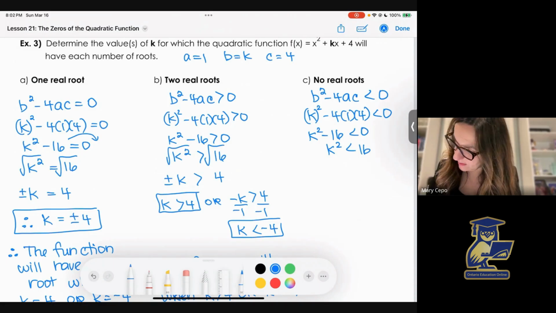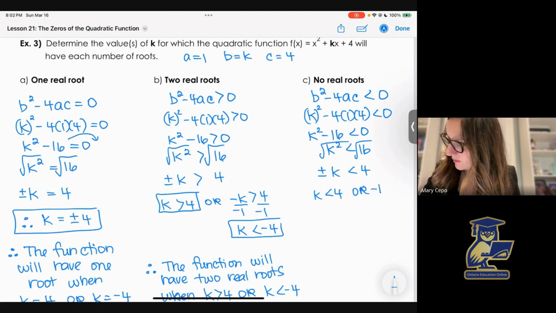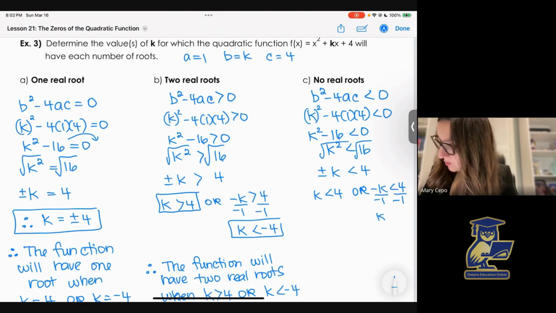And then again, taking the square root of both sides. So plus or minus k is less than 4. So we're going to say k can be less than 4 or negative k is less than 4. And again, when you divide by a negative, you have to make sure to change the inequality. It has to be greater than -4.